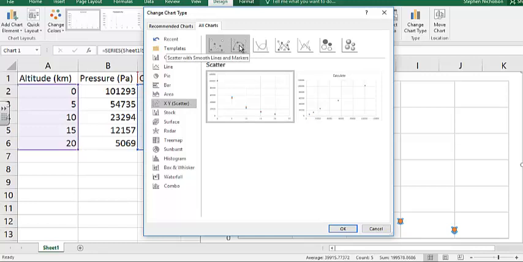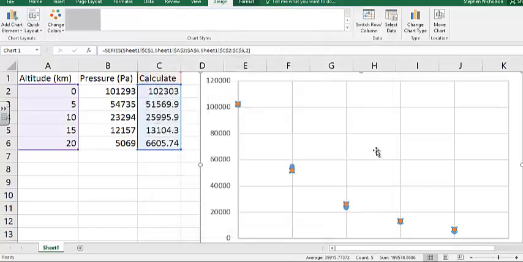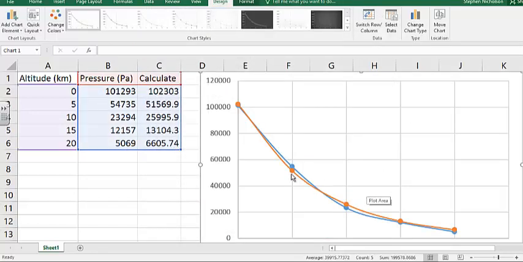So that's one way of doing it. Now it's changed both of them. You can see how sometimes the brown line is below the blue line, sometimes the brown line is above the blue line. The blue line is the actual data. The brown line is the equation.